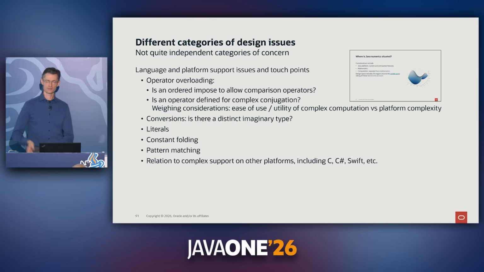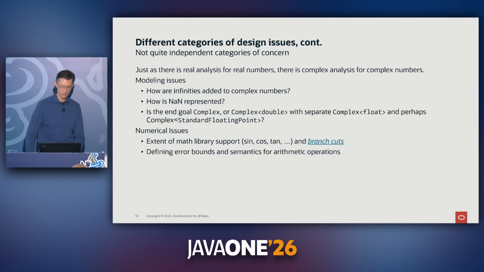Do we really want to define a new kind of interface in java.lang just to support complex? Well, in the end, maybe not. So those are some of the considerations to keep in mind. And complex numbers would bring out all the other support options we've been talking about, like literals or constant folding. We would also want to see how complex in a Java environment would compare to complex as it is in other language environments like C, C# or Swift.